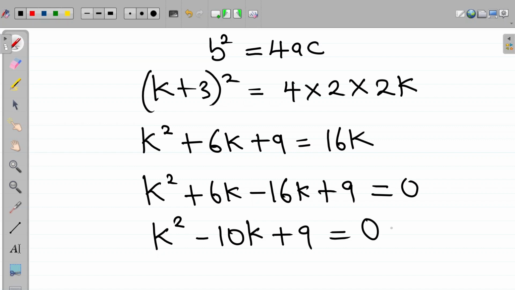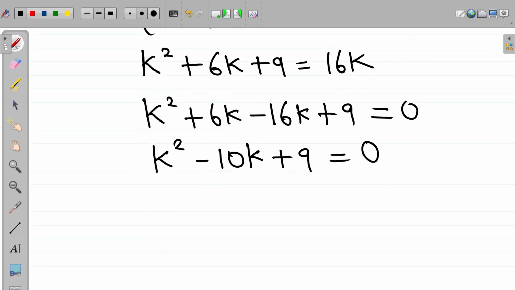Now at this point, we have to solve our quadratic equation to obtain the values of k. Now, using the factorization method, we will look out for two numbers whose sum is equal to negative 10 and whose product is equal to positive 9. So the two numbers are minus 9 and minus 1.